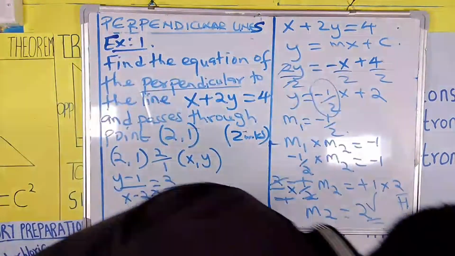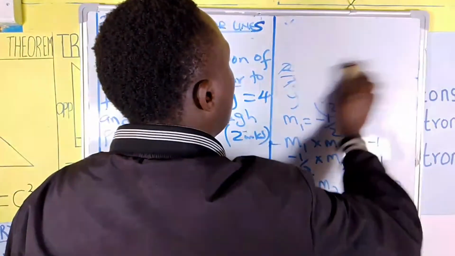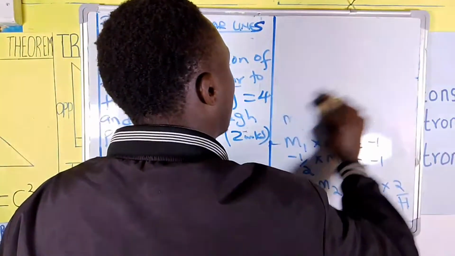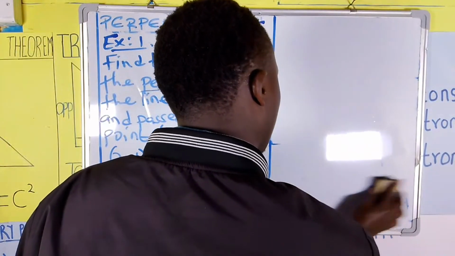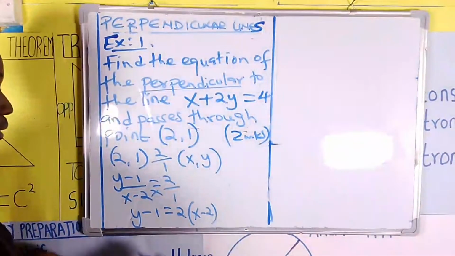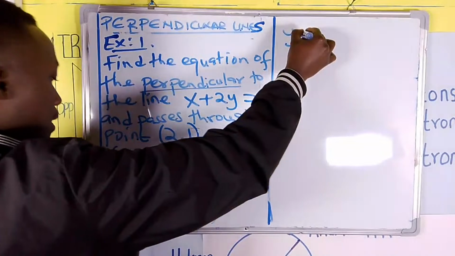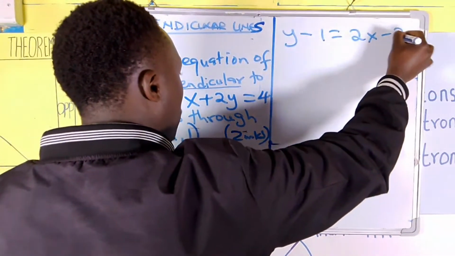So if we open that bracket, we will have y minus 1 is equal to 2x minus 2.